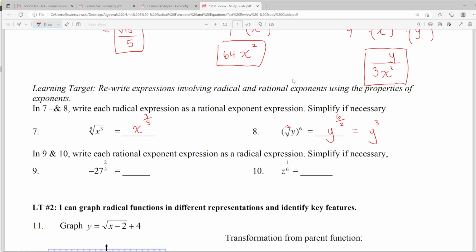The denominator is the nth root, so this is the cube root of negative 27 squared. That's negative 3 squared, which is 9. And this would just be the 6th root of z.